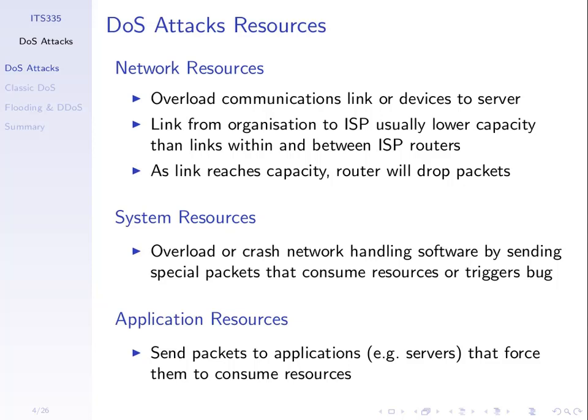Other denial of service attacks will look at either applications or the system. For example, try to crash the software that handles the forwarding of packets. So there's been attacks where, say, a router has software running on it that looks at the packet and then sends it on, and then looks at the next packet and sends it on.